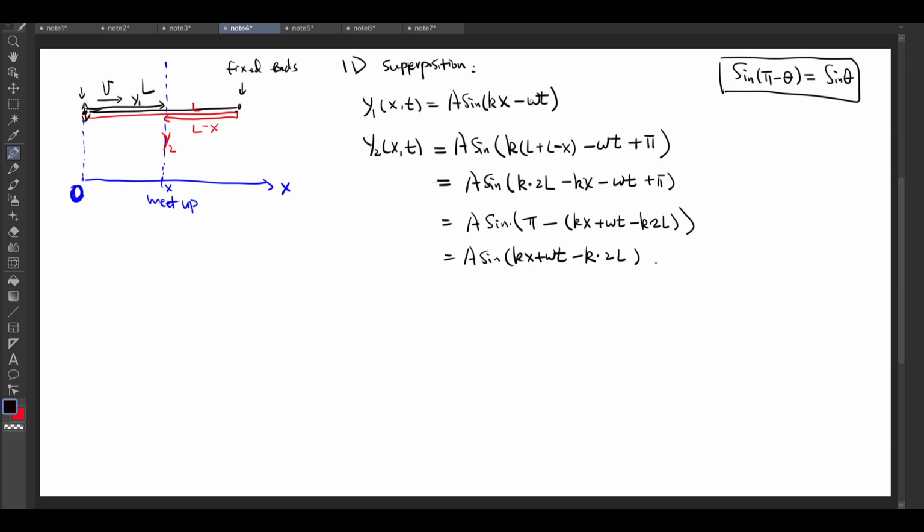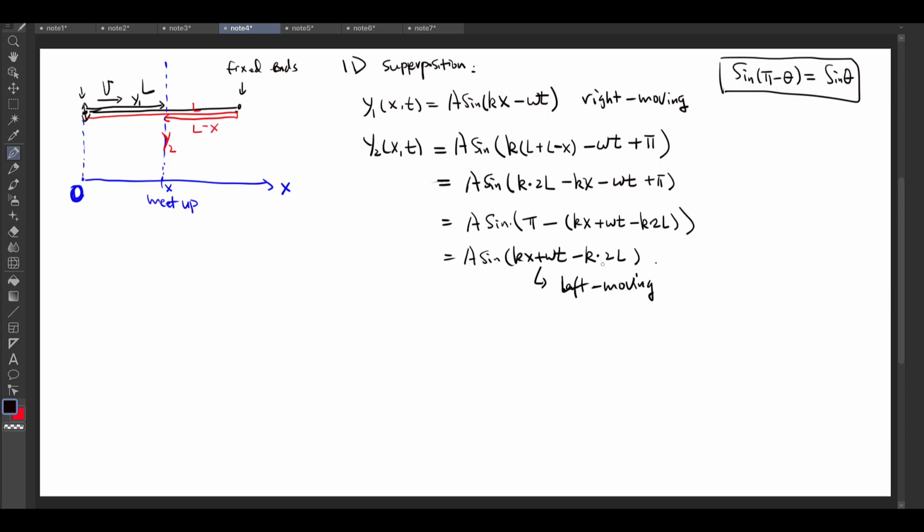So we know the negative sign means that the wave is right moving. And if I have a positive sign here, then the wave is left moving. So they move toward each other and then they superimpose to give us the standing wave that we need.